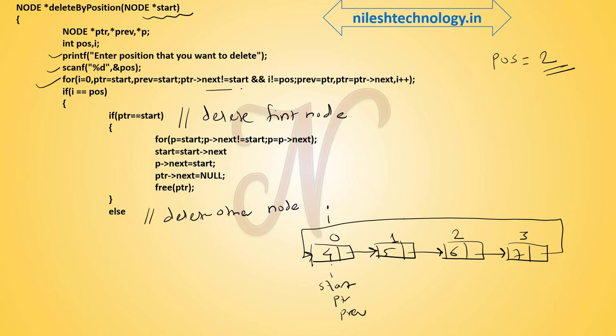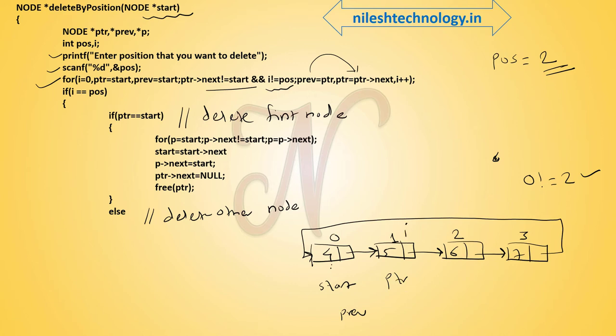Then ptr of next is not equal to start, true, and i is not equal to position: 0 is not equal to 2, true. So going here, prev equal to ptr, then ptr equal to ptr of next, so ptr is going to next, and i plus plus. Here is i.